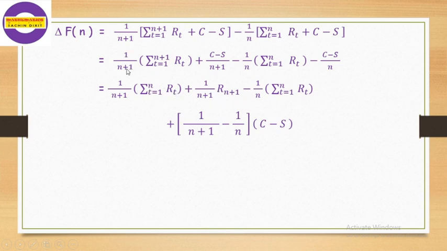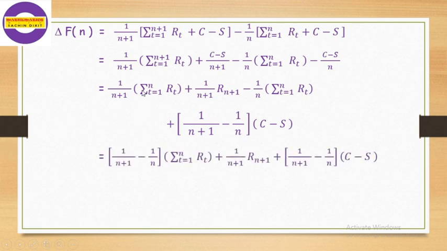And then we split up this 1 by n plus 1 to both the terms and we get 1 upon n plus 1 summation t varies from 1 to n R(t) plus 1 upon n plus 1 R(n plus 1). And this second term, minus 1 upon n summation t varies from 1 to n R(t), take as it is. And these two terms, (C minus S) divided by n plus 1, (C minus S) divided by n. Take C minus S common from both, then we get plus (1 upon n plus 1 minus 1 upon n)(C minus S).